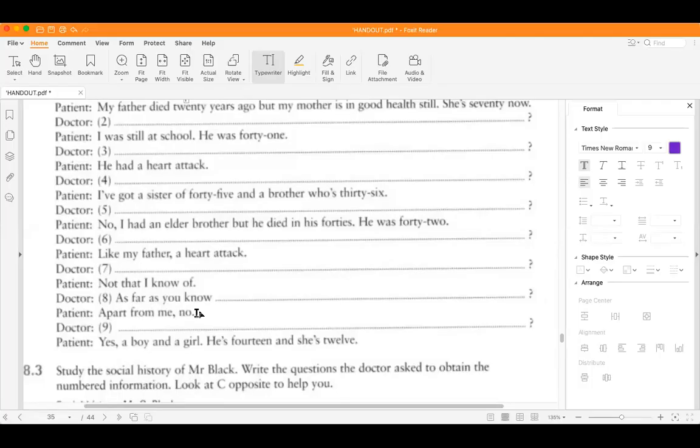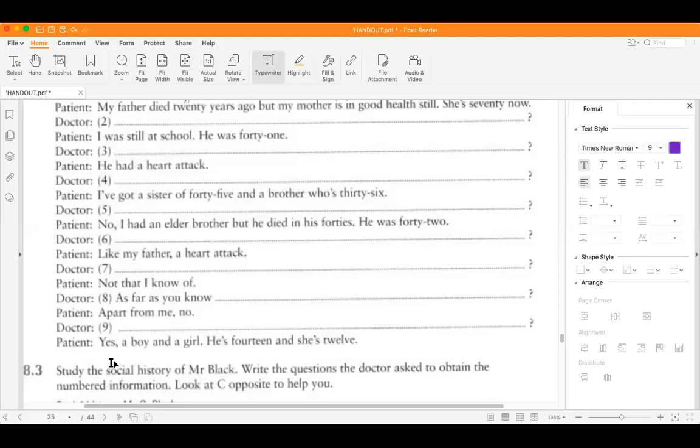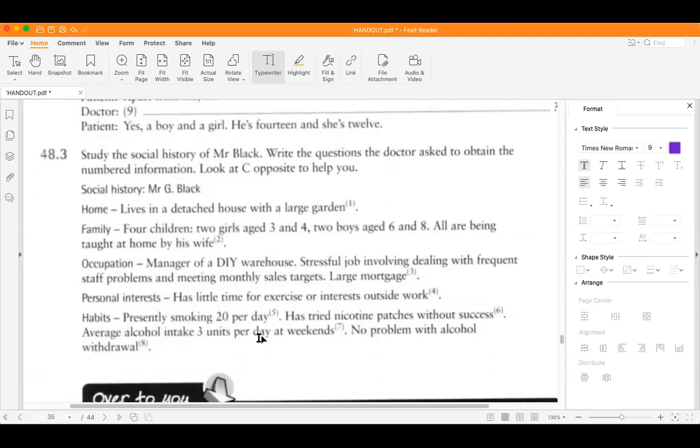Apart from me, no. The question here can be, is anyone taking regular medication? Yes, a boy and a girl. He is 14 and she's 12. So the question here is, do you have any children?